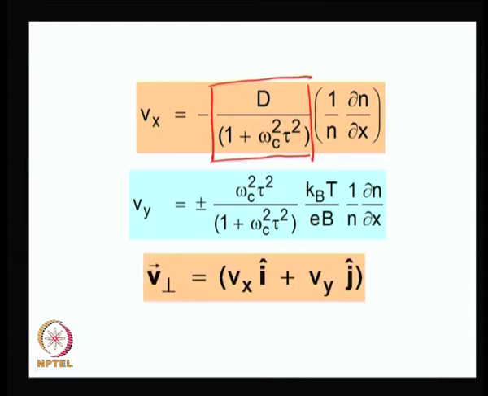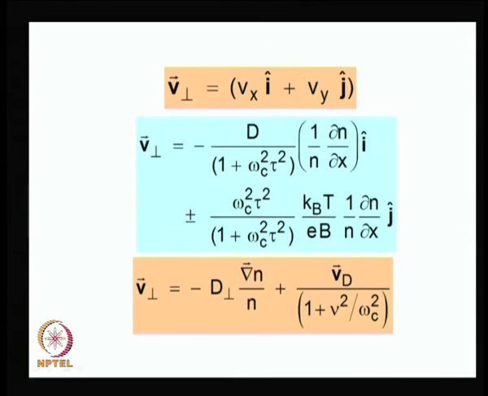Now, we have to write an expression for the perpendicular velocity vector, which is again reconstituted by adding up the x and y vector components.